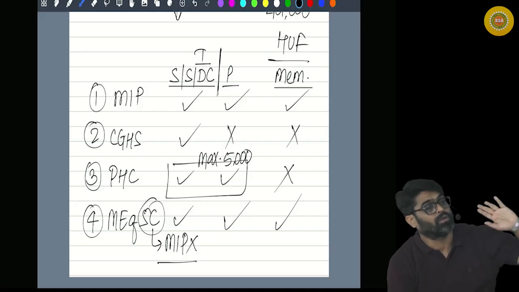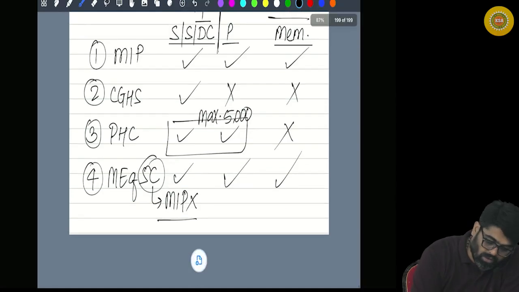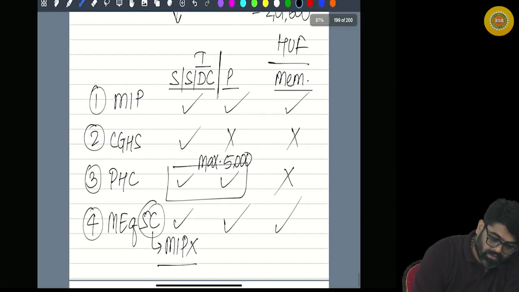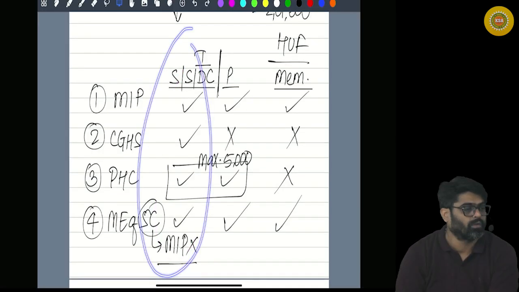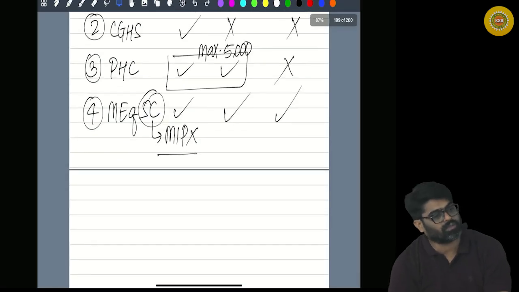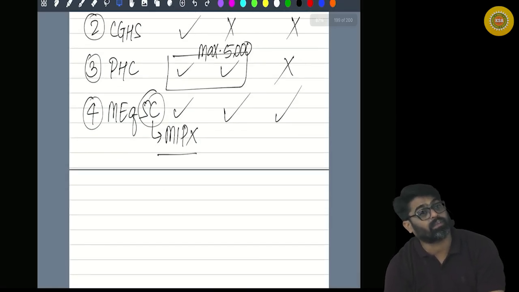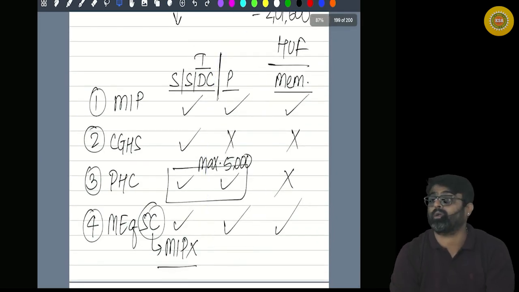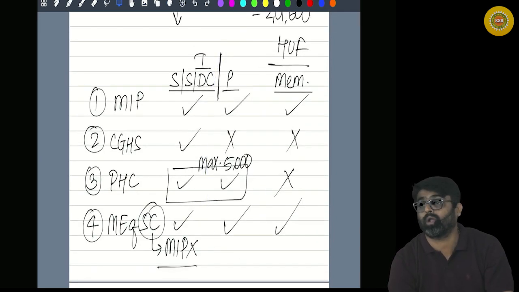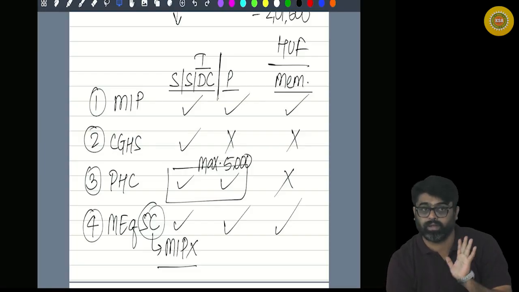Now, this is the total qualifying amount. What did I say? This is the total qualifying amount. Total qualifying amount will be allowed under section 80D subject to maximum 25,000. This is the total qualifying amount separately for parents. It will be allowed separately subject to maximum 25,000.